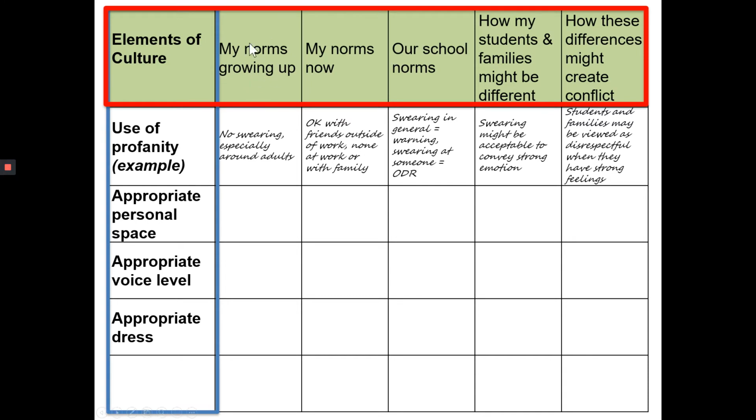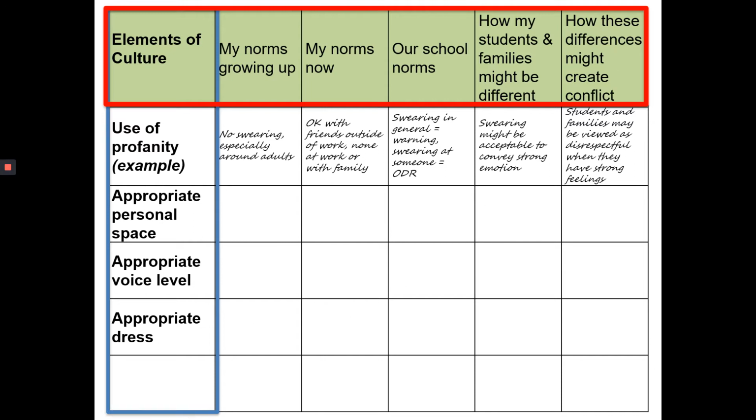So in this column right here, how norms growing up, what would they look like for use of profanity, for personal space and voice level, and so on. How do they look today? How do they look currently as an educator in your school? And then how might those elements of culture be different for the students or families that you're working with? And then do those differences create conflict?